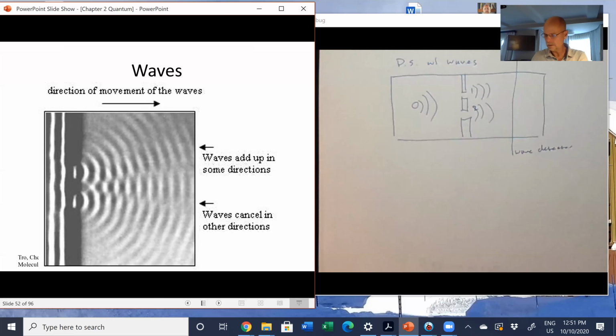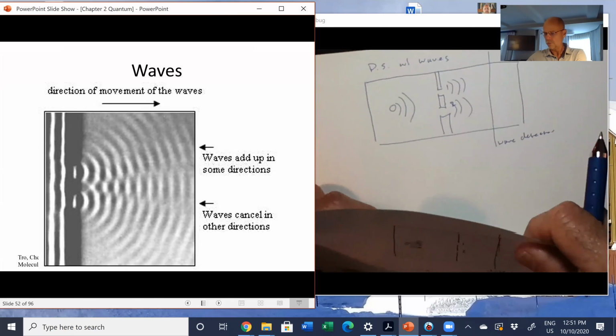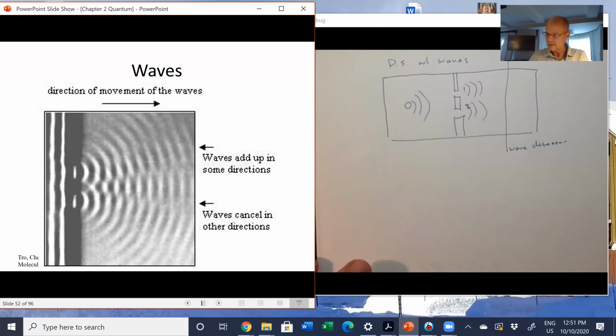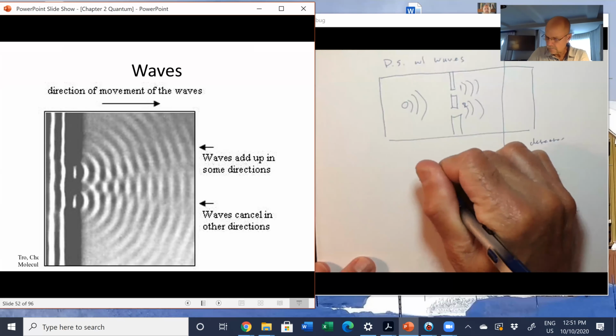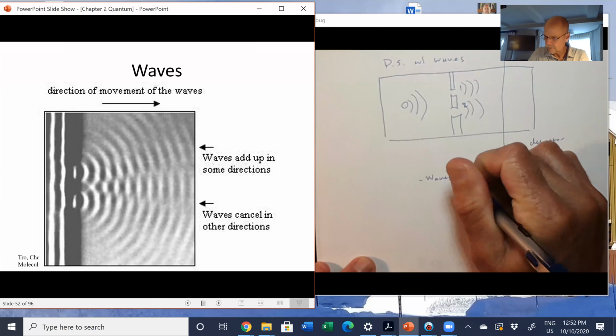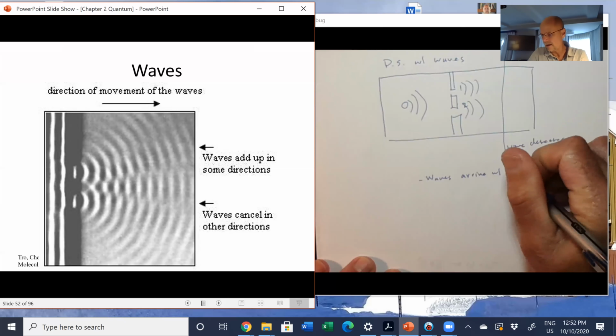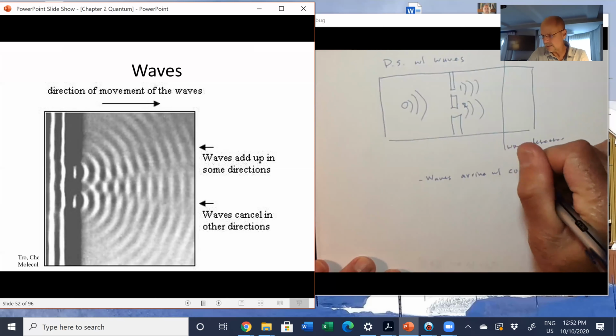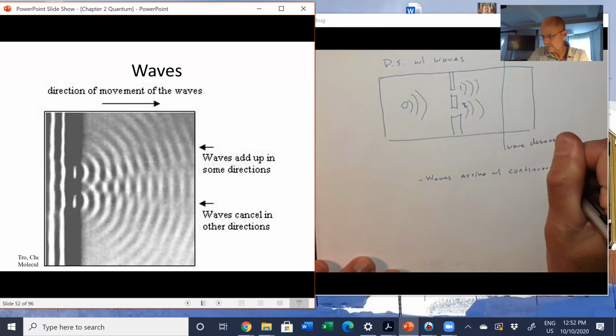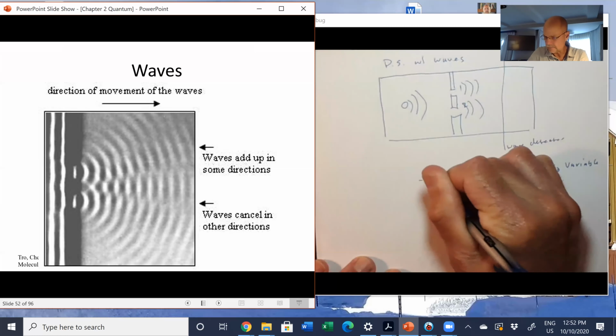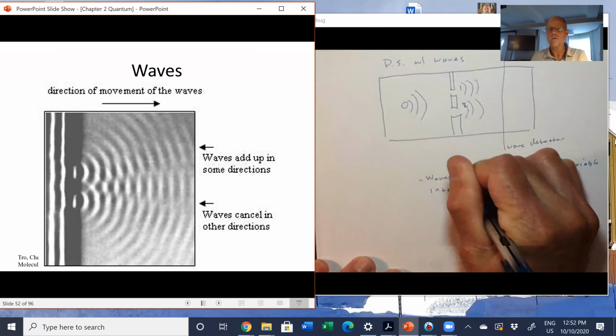First of all, we see that the waves arrive with a continuously variable intensity. What do I mean by this?